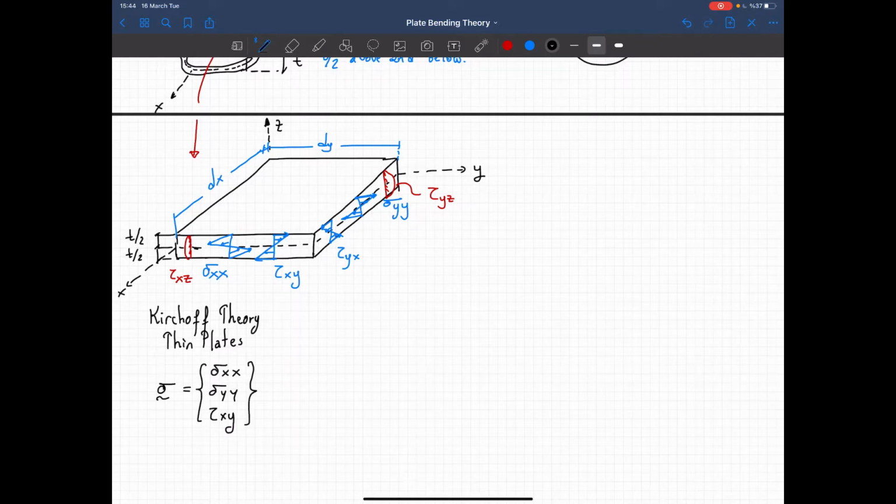Okay, we are saying that these are negligible since our plate is thin.